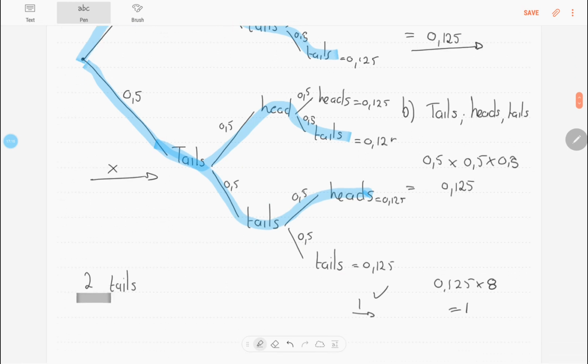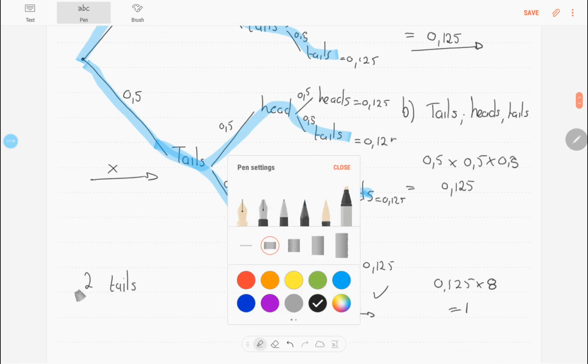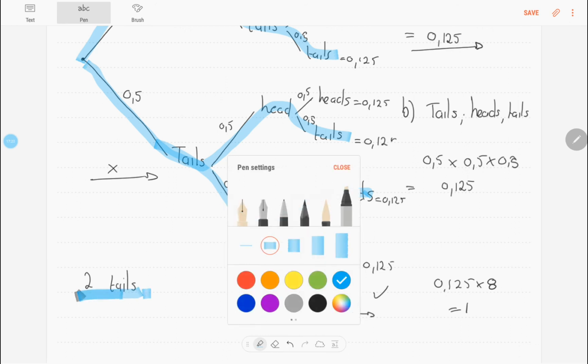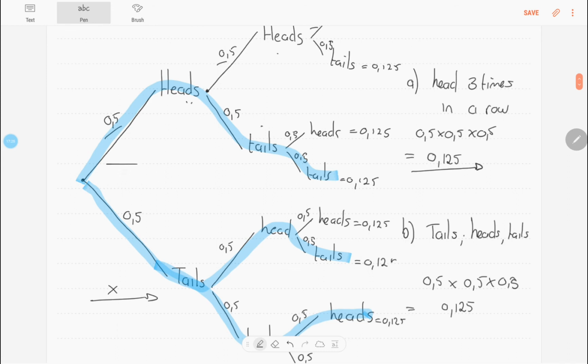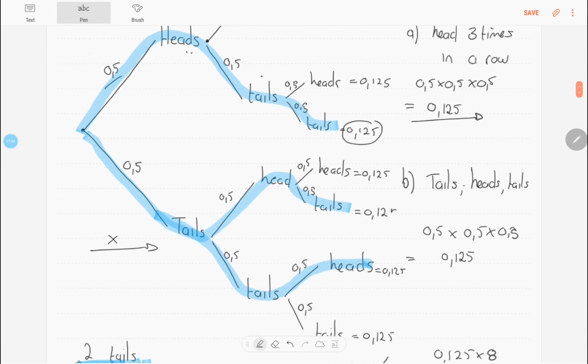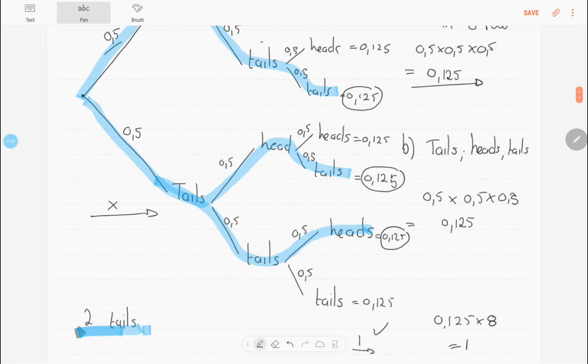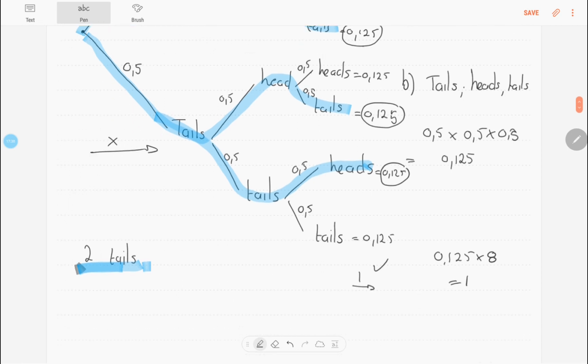So if we wanted to know the probability of getting two tails, we work out the probability of each one of these going across, which is 0.125, timesing going across. We've got three outcomes that suit us, so we add them together.